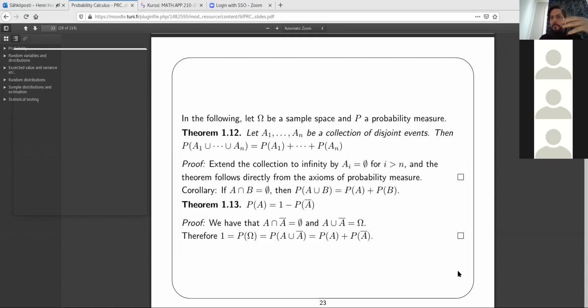But the probability of this is 1. The probability of something happening is 1. And then these being disjoint means that 1 is P of A plus P of the complement of A. And with very simple algebra, you get that the probability of A happening is 1 minus the probability of A's complement happening.